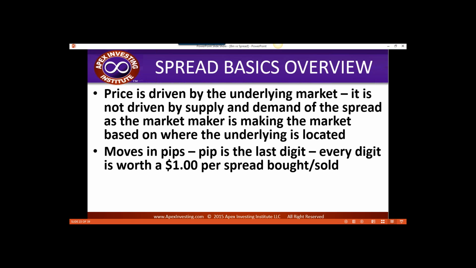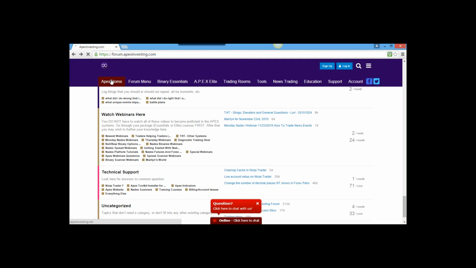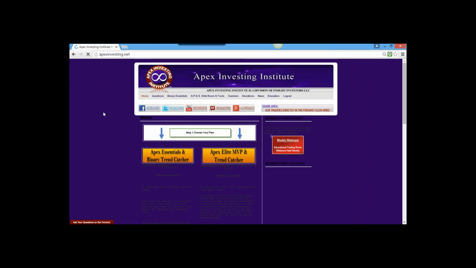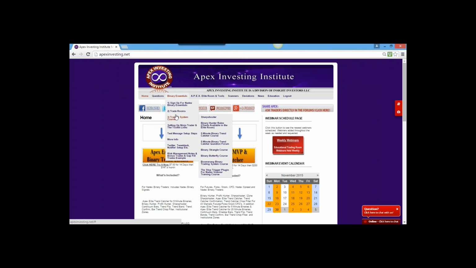Okay, and by the way, let me just stop real quick here. I skipped one thing. We already talked about binaries and the basics of them and pros and cons, but for those of you interested in learning how to trade binaries and what to look for in a strategy and system, go back to the Apex Investing website. Under Binary Essentials, third one down, Trading System Courses.